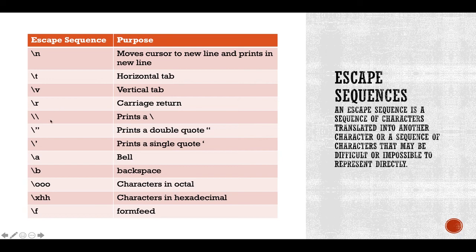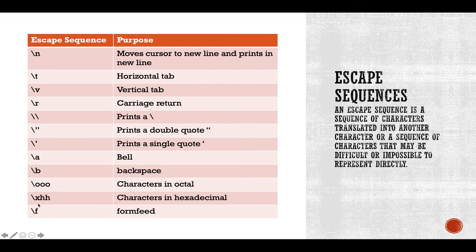Then \\ will help you print a slash. Otherwise whenever you write a slash, it will always think that it is an escape sequence. So if you want to have a slash printed in your output statement, you will write \\. When you want to print a double or single quote, you will precede it by a slash. So slash double quote will print a double quote and slash single quote will print a single quote.